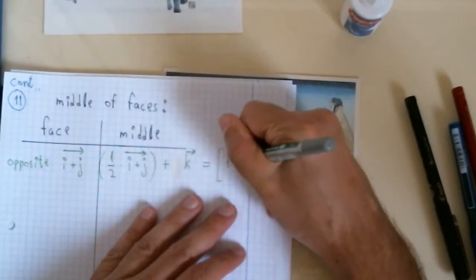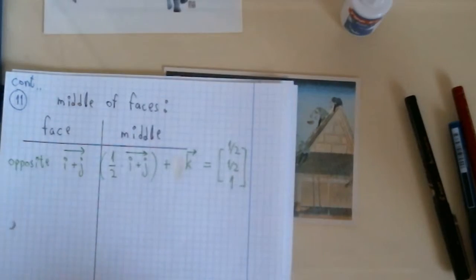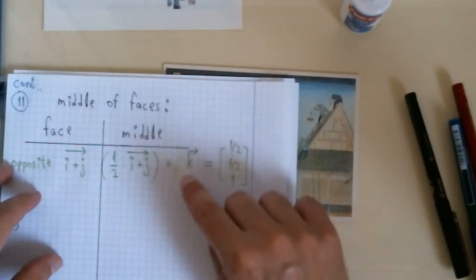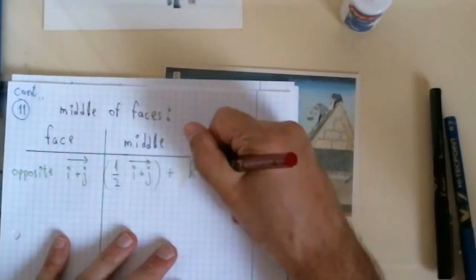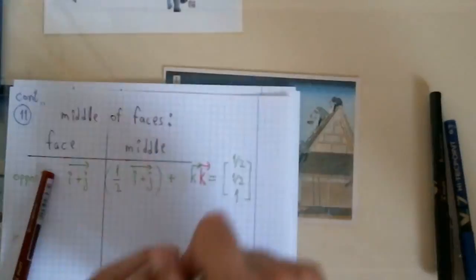Half, half, and 1. Maybe I should have made the k in the same color that I used before, in red. Forgive me.